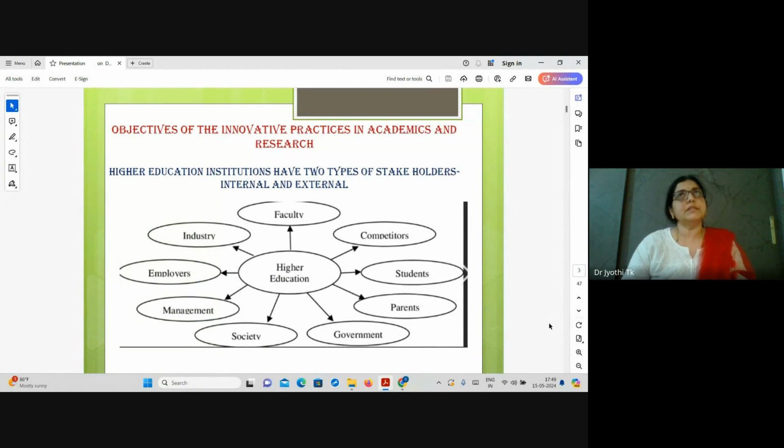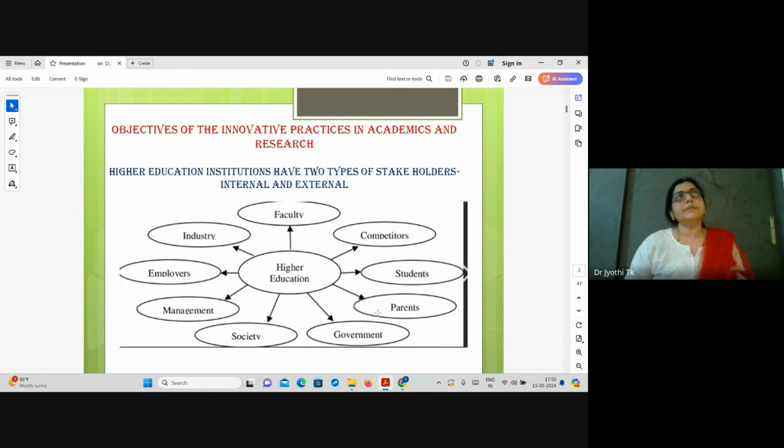The college itself is an internal stakeholder, along with the faculties, head of the institution, students, and management. In the case of government engineering colleges, the government itself is the management. External stakeholders are industry, parents, society, and other institutions. They are the competitors for us.